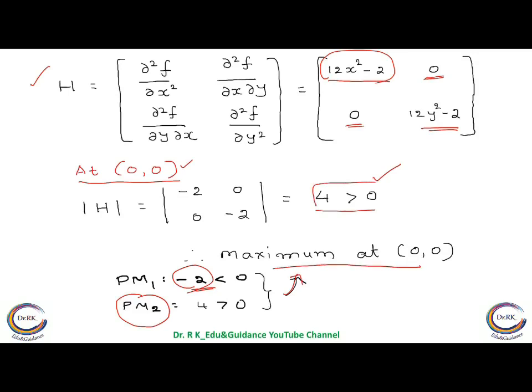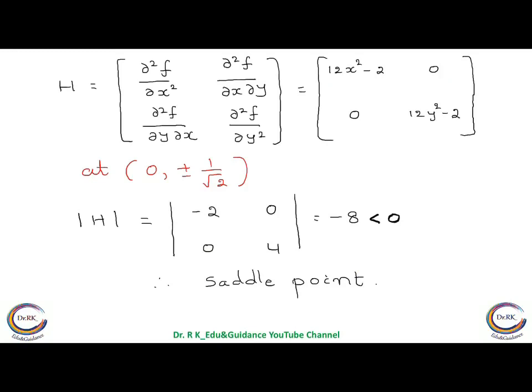First, the determinant is greater than 0, so it becomes either a maximum or a minimum. Next we check this to conclude which. Here ∂²f/∂x² is less than 0, therefore it becomes a maximum at 0, 0. Next, similarly at 0, plus or minus 1/√2. Here squares are there, that's why we are taking this as a point.